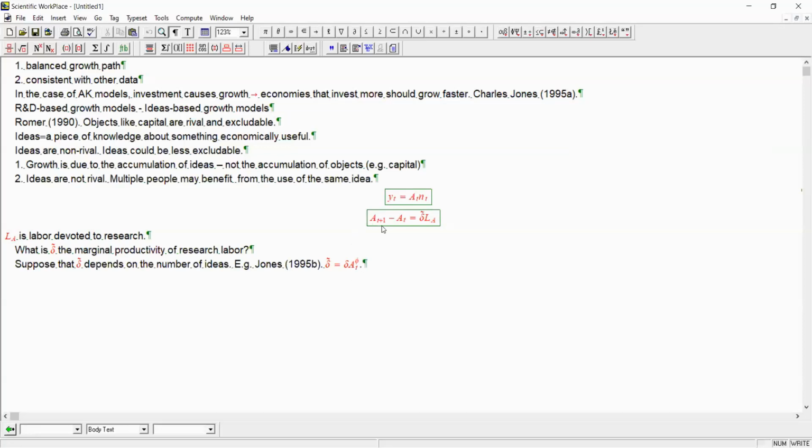And then this equation, of course, becomes this.